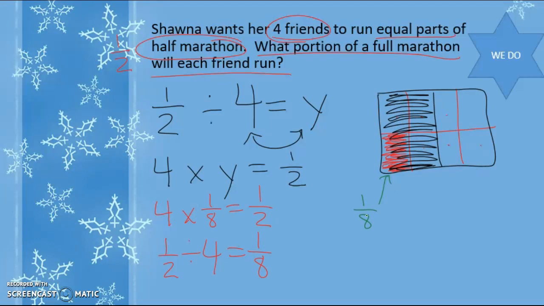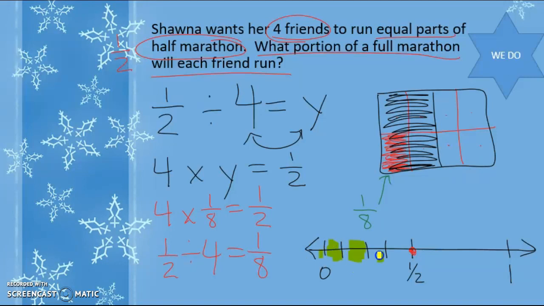And we could have done that with the linear model as well. I'll show you that. Here we have our linear model. Now we said we have half of a marathon, and we're going to divide it into 4 equal parts. To do that, I will first divide half of the marathon in half, and then I will divide each half into half, and that will give me 1, 2, 3, 4 equal parts.